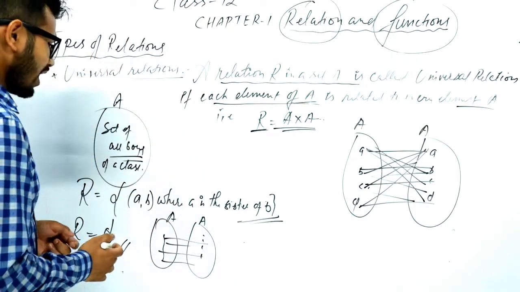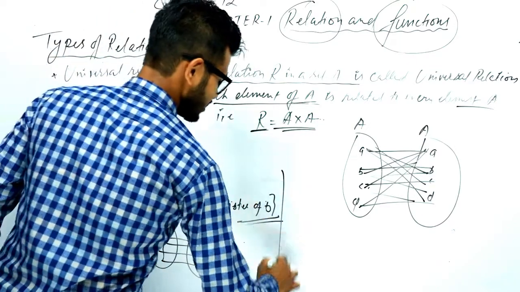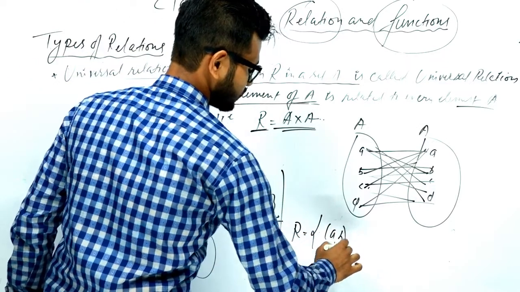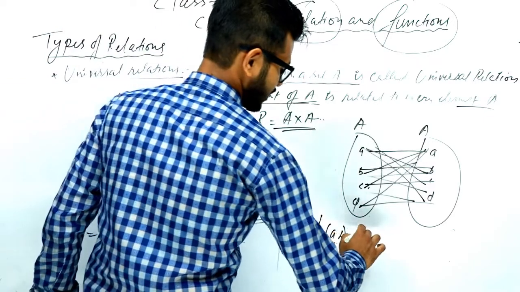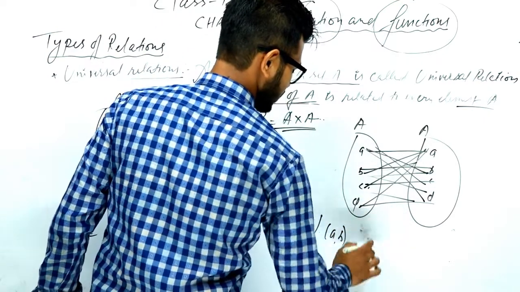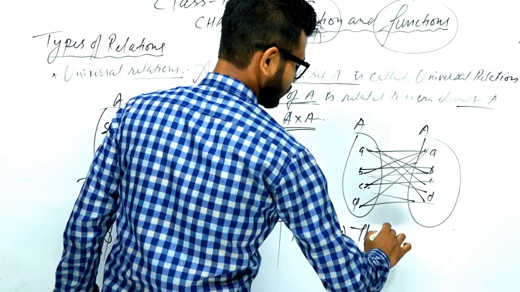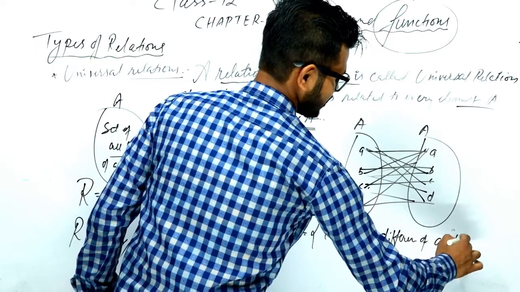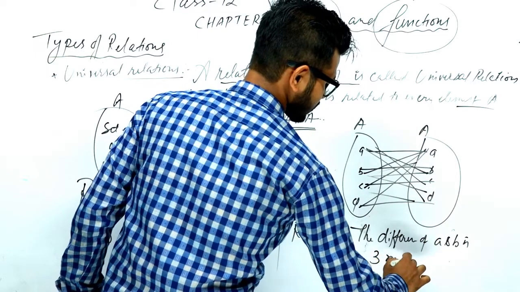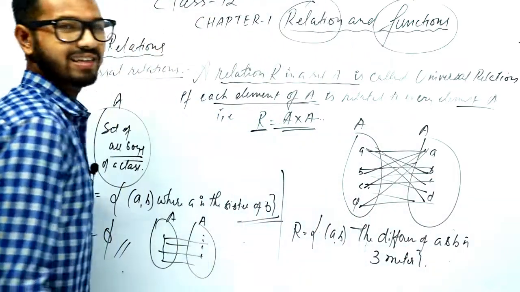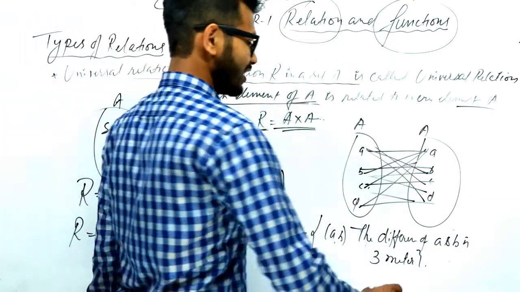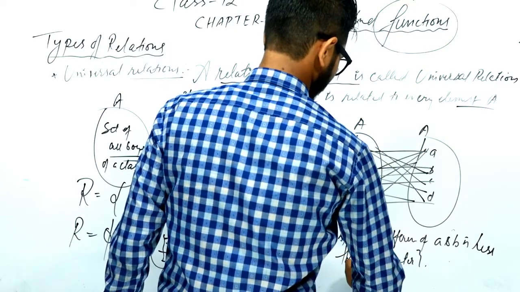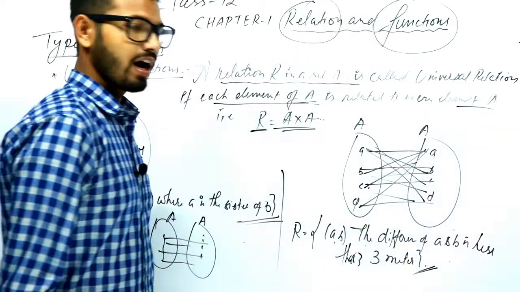Suppose the relation is defined such that (a, b) belongs to R where the difference of the heights of a and b is less than 3 meters.